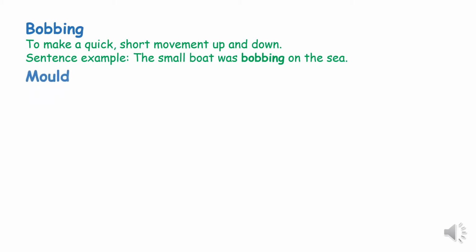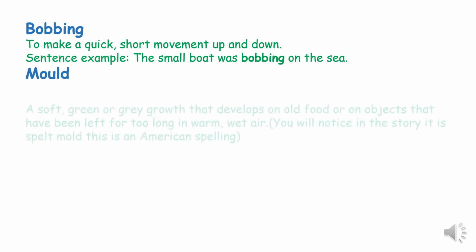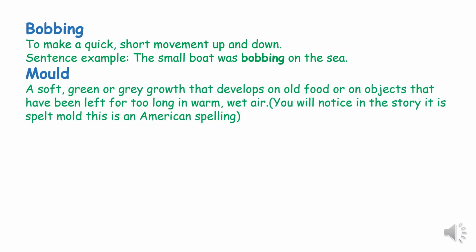And today's final word is mould. What does mould mean? So mould is a soft green or grey growth that develops on old food or on objects that have been left for too long in warm, wet air. You will notice in the story it is spelled differently though.